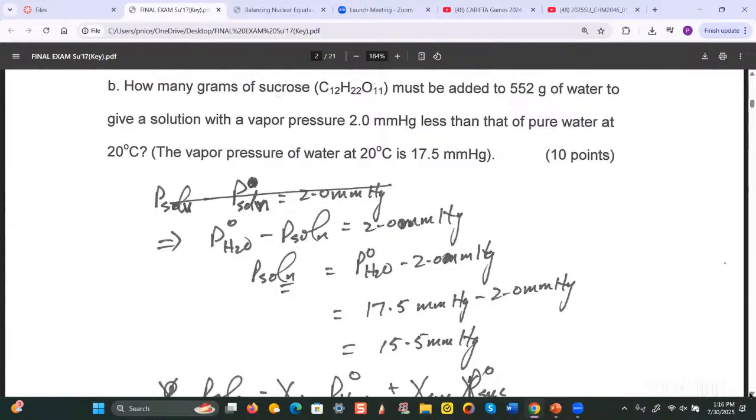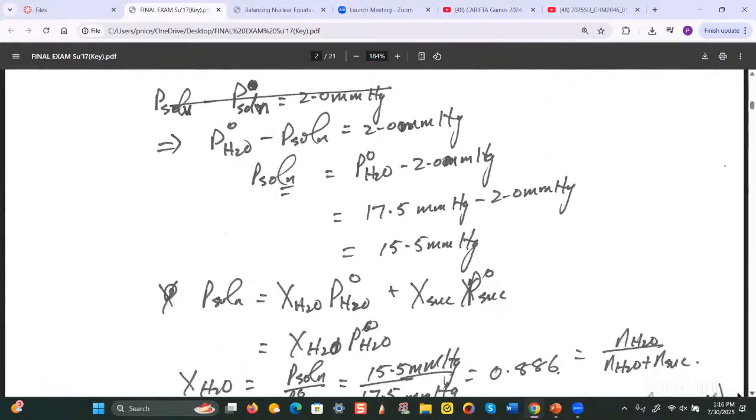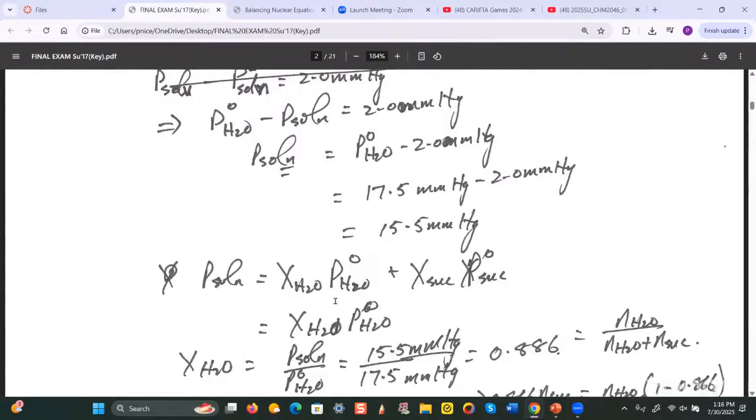And then now we use Raoult's law. So basically this is the equation for the vapor pressure of the solution. That would be equal to the mole fraction of water times the vapor pressure of pure water plus the mole fraction of the sucrose times the vapor pressure of the sucrose. Now the thing is, and I didn't write it here, the sucrose is a solid, and solids have a vapor pressure of 0, because the vast majority of solids do not produce vapors.